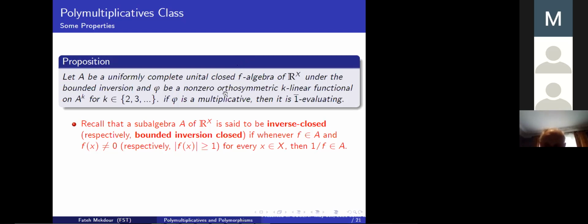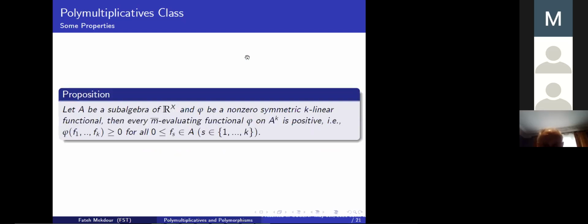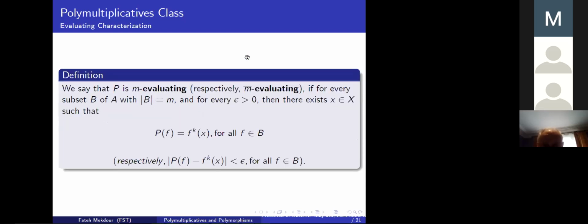Are there any more questions? Yes, I have a question. If I understand well, the M-evaluating map and the one-evaluating map are defined for subalgebras of R^X.